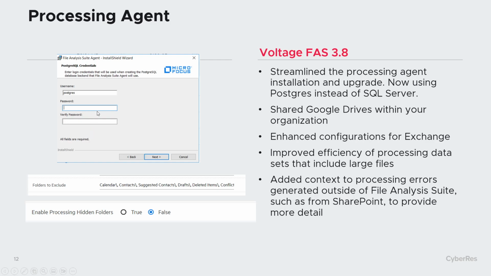Then we didn't want to put a hard-coded password in there because that would be a security flaw. And we wanted you to be able to log into the Postgres system if necessary. So that's why you have to put your own password in here. So just put the password in. It's up to you whether you keep it consistent across all your agents and just keep a note of that password.